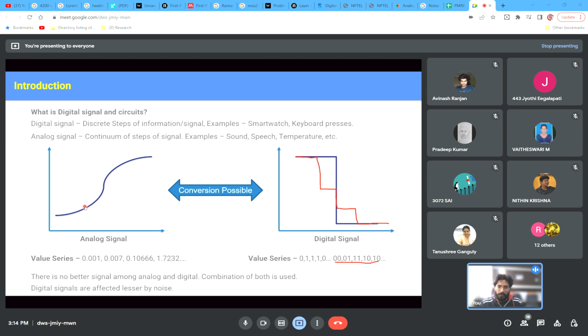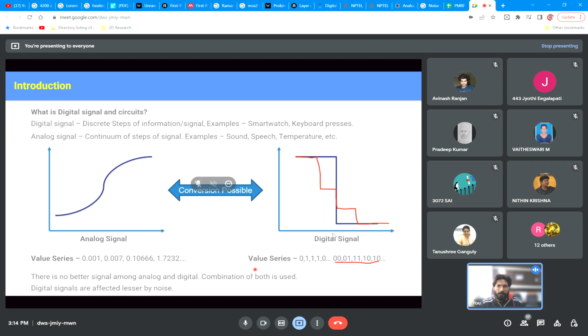Long range communication, for example, is made possible by these analog to digital conversions. That is one of the applications, the reason why we need to convert between analog and digital. Overall, there is no better signal between analog and digital, but rather a combination of both is used.